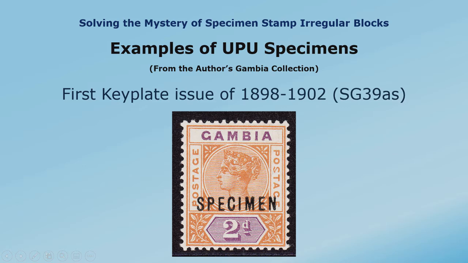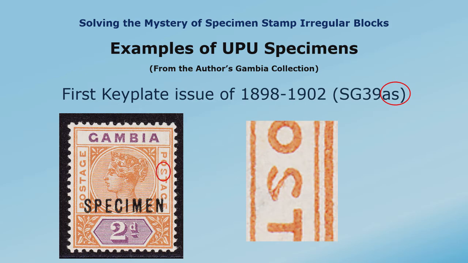Looking at the key plate issues, which is the second series of issues coming out of Gambia, you can see here on the first key plate from 1898 to 1902 an example of a specimen stamp. This one happens to be on a variety of the Stanley Gibbons 39.